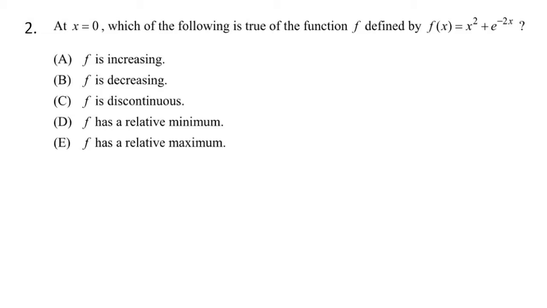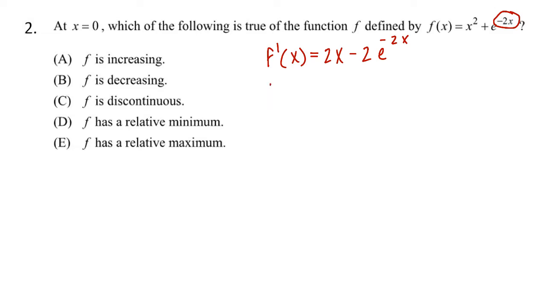So let's see, f prime of x in this problem. Well, the derivative of x squared, we have 2x. And the derivative of e to the power is going to be the exponent's derivative. So the derivative of negative 2x is negative 2, and then we have e to the negative 2x.